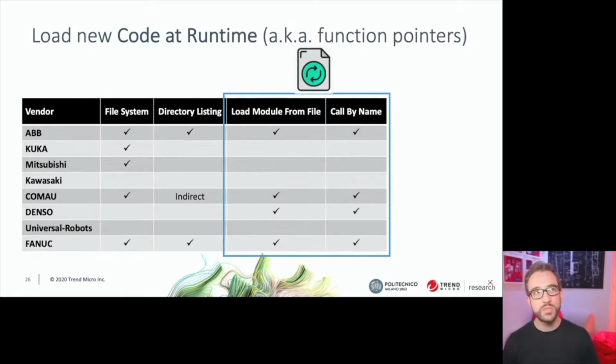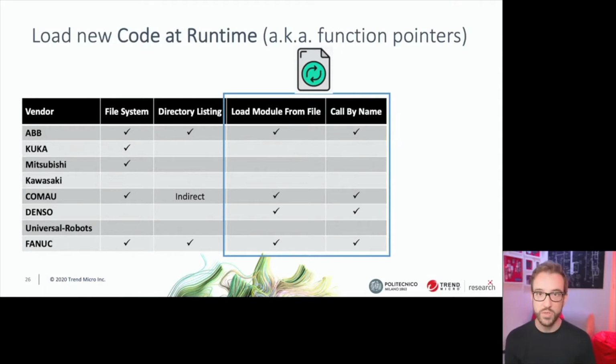Probably the most surprising finding was to discover that almost all of the languages allow what I call function pointers and dynamic memory. So if you're familiar with C programming or dynamic programming in general, you know that if you have the possibility to load code at runtime, you can develop very powerful programs that change at runtime.